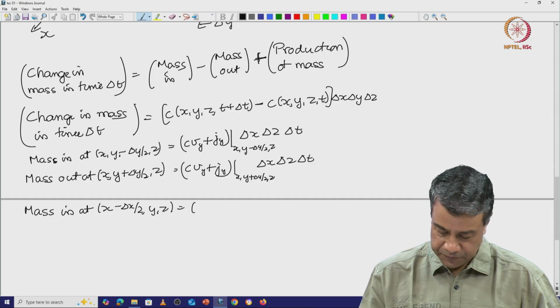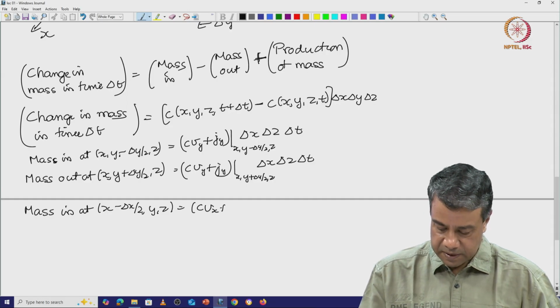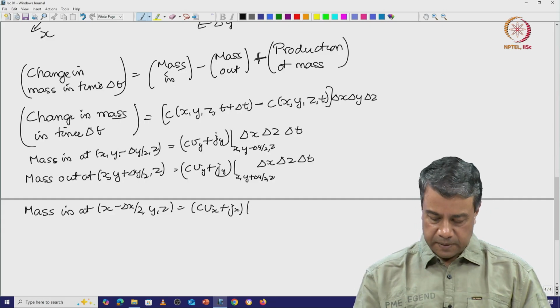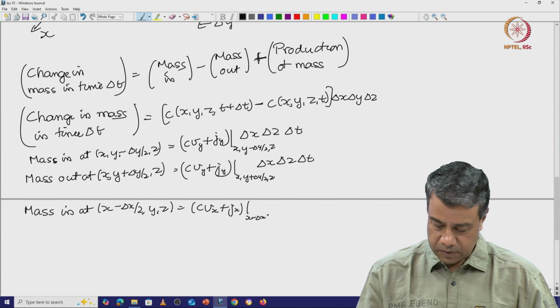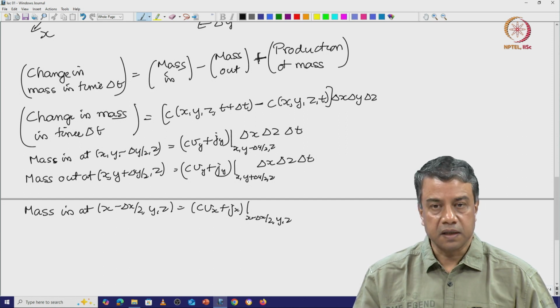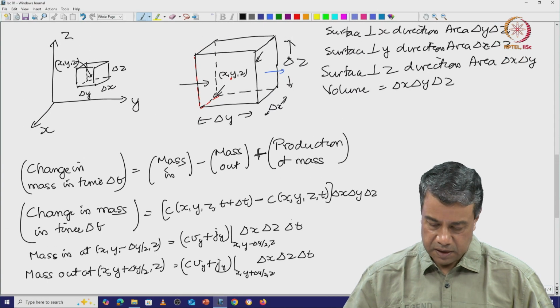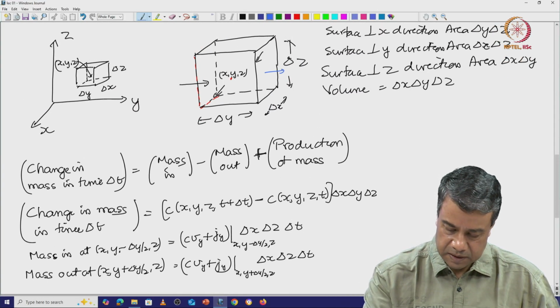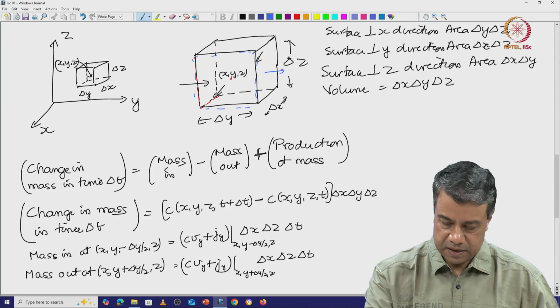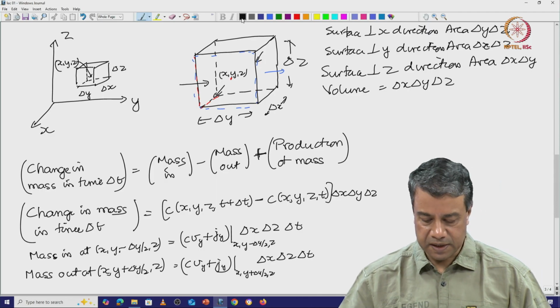So, you will get c v x plus j x at x minus delta x by 2, y, z times the surface area perpendicular. The surface area perpendicular is delta y times delta z.